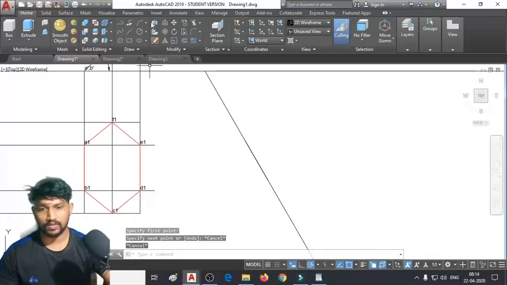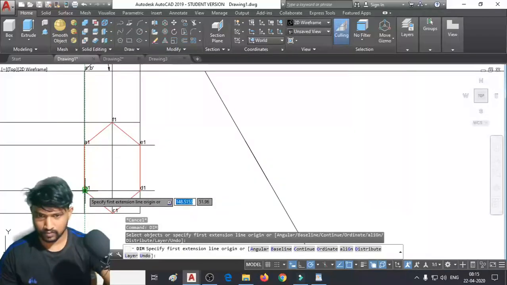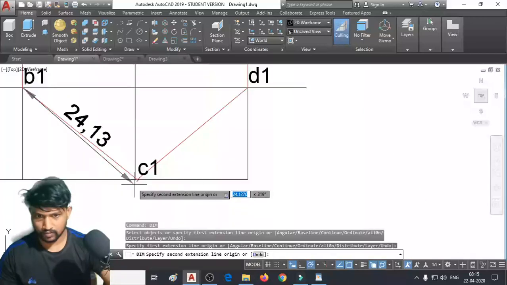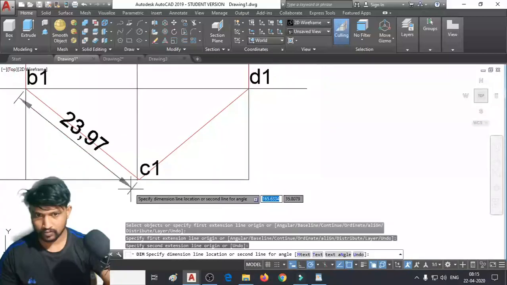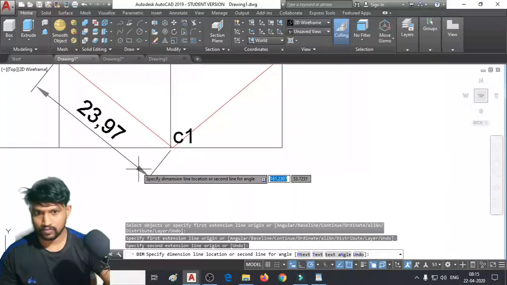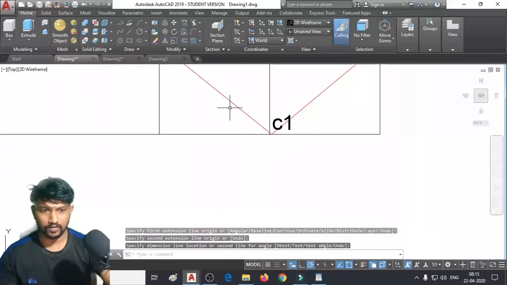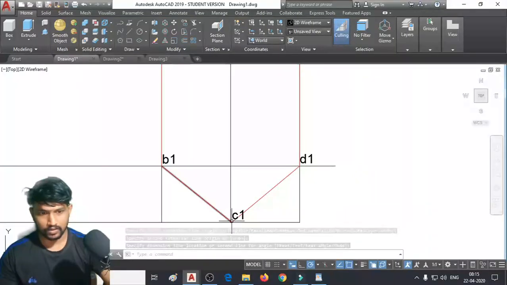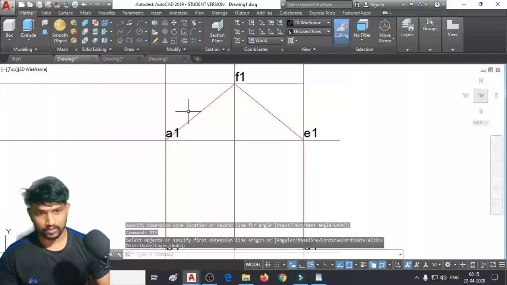We don't know the dimension, let me measure the dimension. Oh, I think I might have done something wrong here. It just has to meet here, so I'm going to take this dimension.